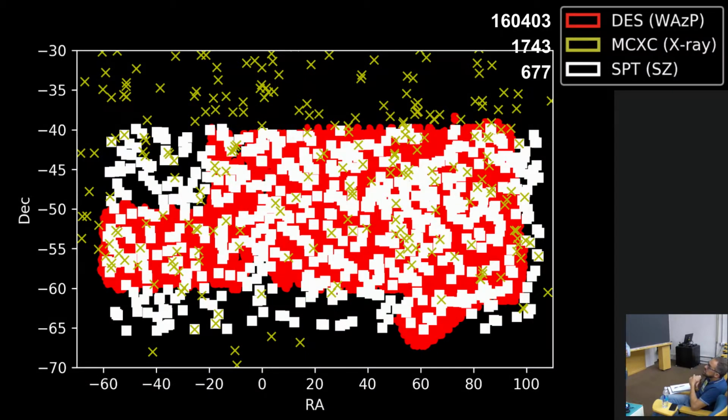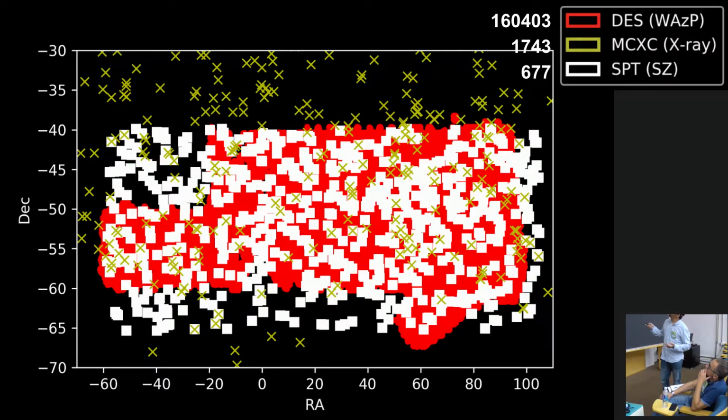But talking about every way of finding a cluster, each will have a different selection function, right? So we have plenty of photons around in the optical. We know how to make images, and so this will make a difference on your final cluster catalog. So this is just showing a footprint, a spatial distribution around a region of the Dark Energy Survey, of cluster catalogs for the SPT, the Sunyaev-Zeldovich, right? These are the white squares here.